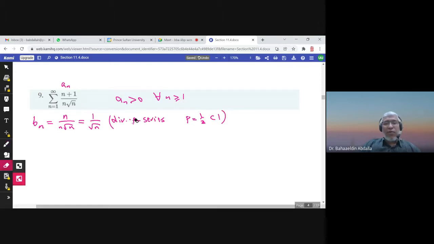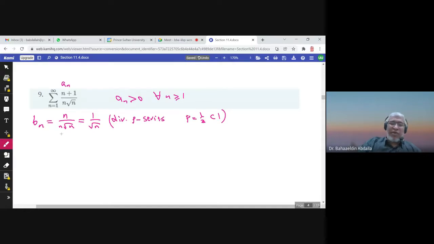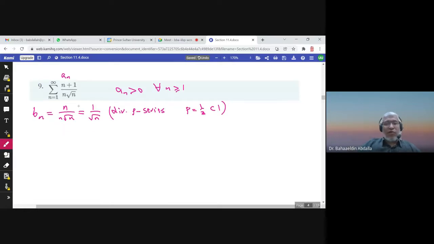So now we need to prove that summation an is divergent. So we have to show that an is greater than bn. So this is an. It is greater than what? We can remove the plus 1, because we have seen that 2 plus 3 over 7 is greater than 2 over 7.